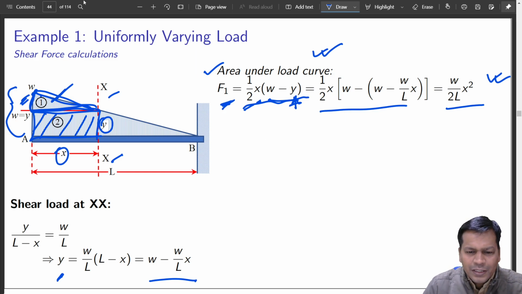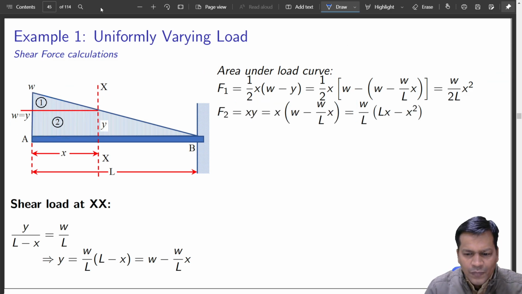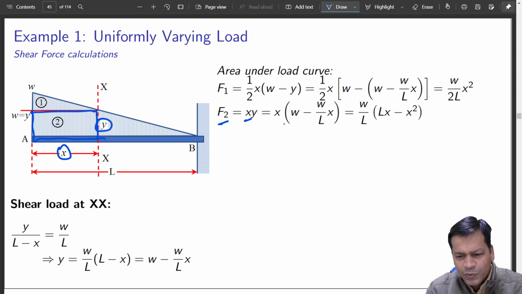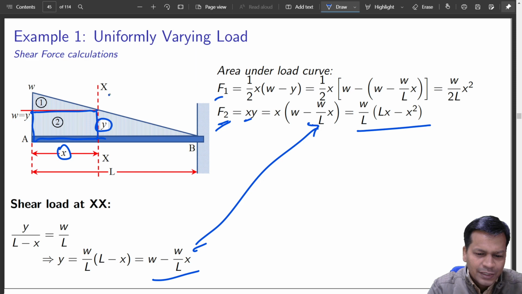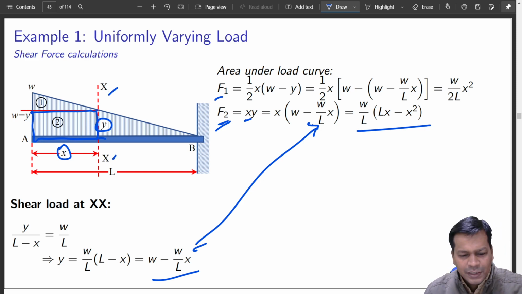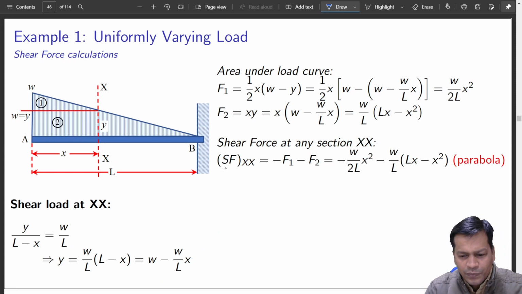Similarly, now I will go to the second, that is the area of this box, equal to X into Y. You substitute Y here and you get this. So the sum of these two areas will give you the shear force at a section at a distance X.